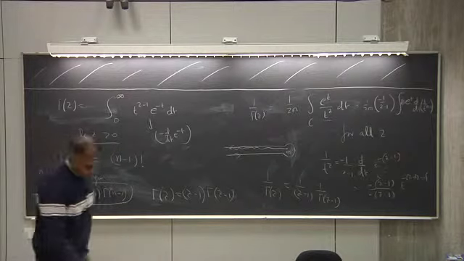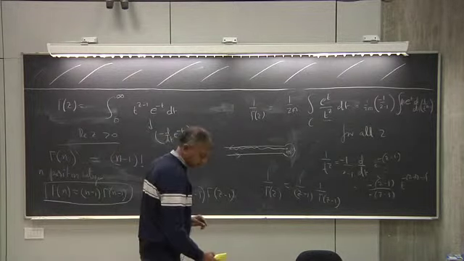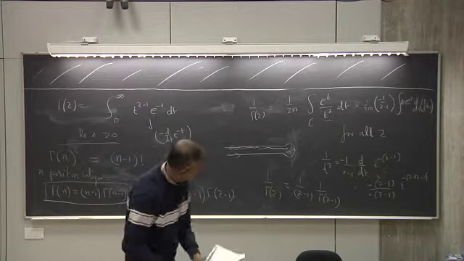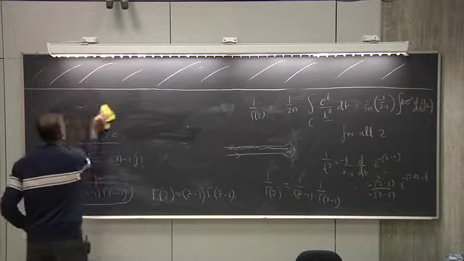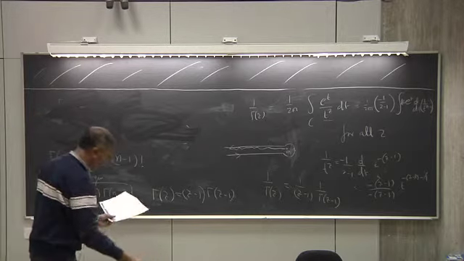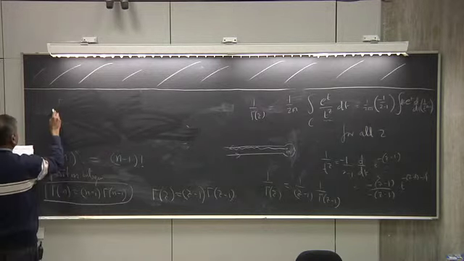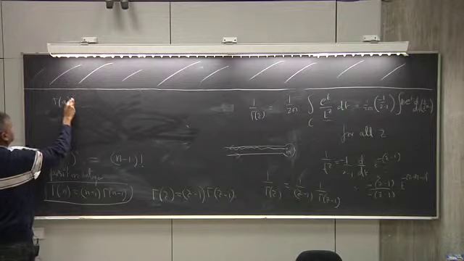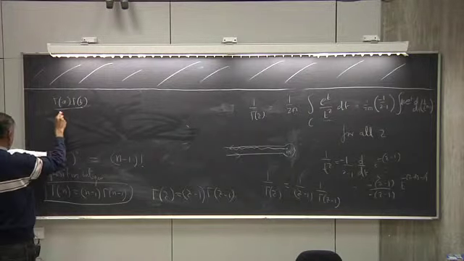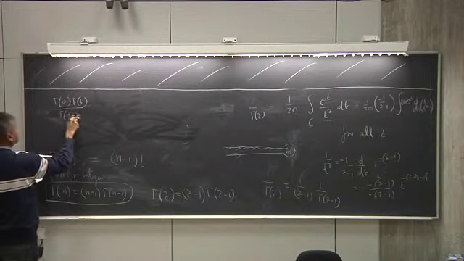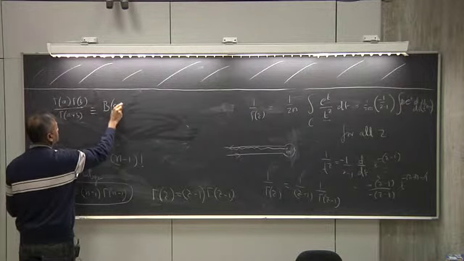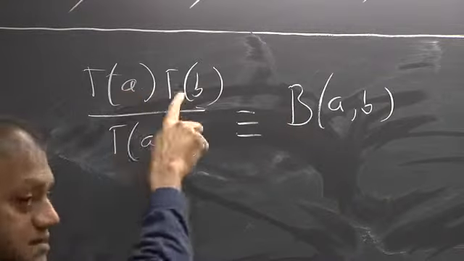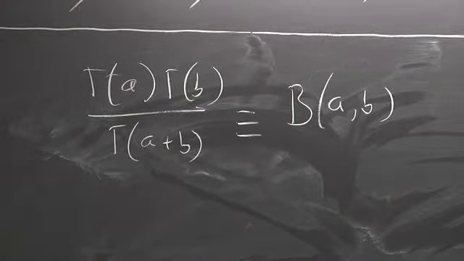Then the other very, very important relation, which appears in many places, is the definition of the beta function. It was gamma of A times gamma of B divided by gamma of A plus B. This is called the beta function, which obviously depends on these two numbers, A and B, which are complex numbers in general.